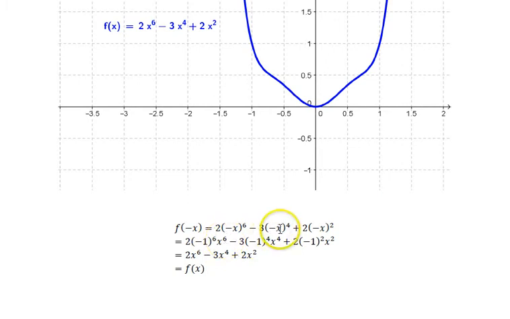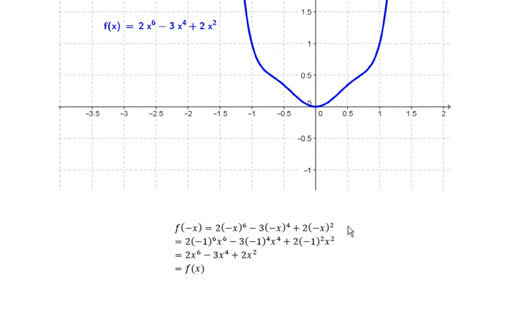Similarly, negative x to the fourth becomes negative 1 to the fourth, x to the fourth. Negative x squared becomes negative 1 squared, x squared. The negative 1s to an even power become positive 1, and that reduces down to our original function f of x. So f of minus x is equal to f of x because of the even exponents.